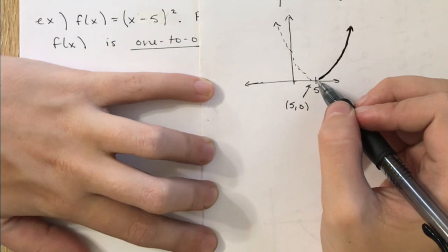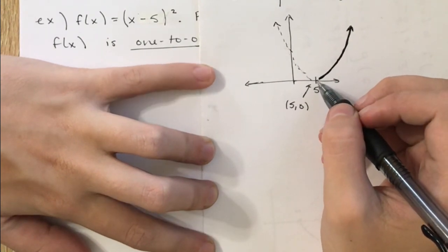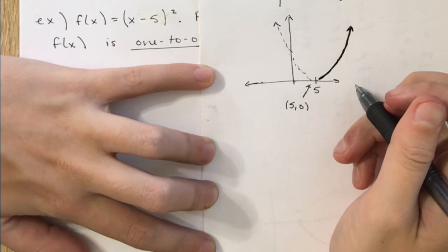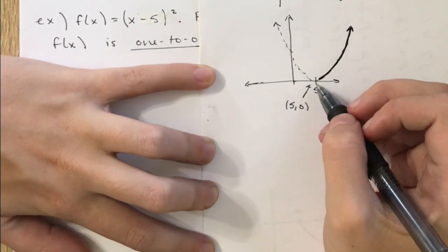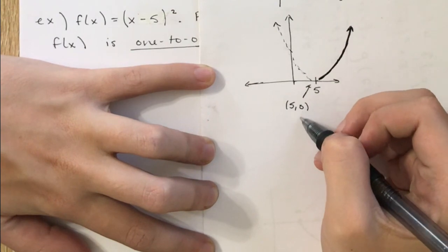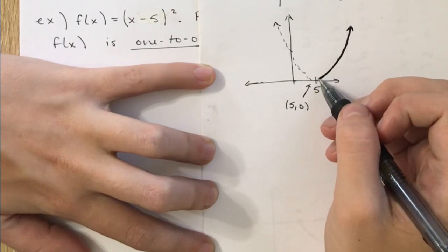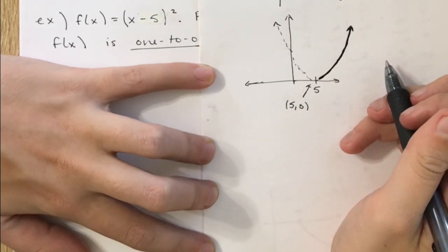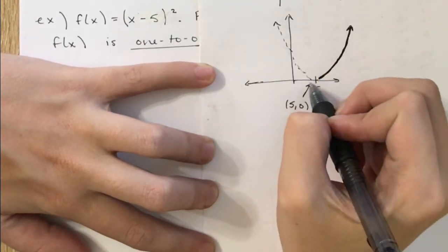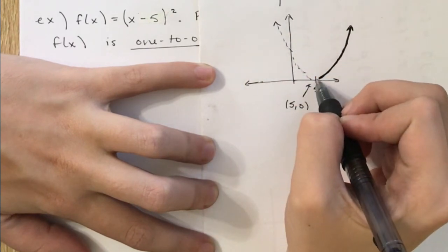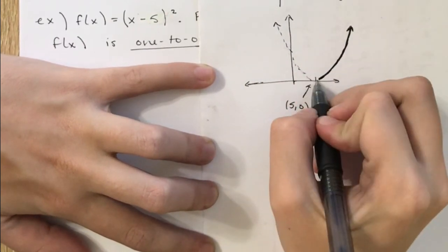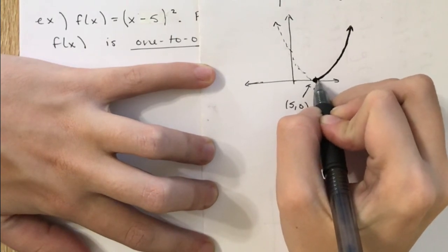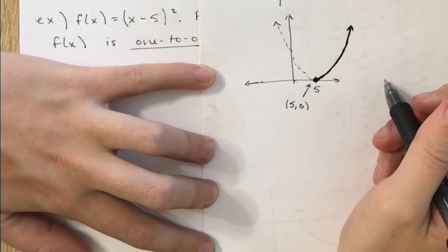However, if we include that point, is it going to make it not 1-to-1? No, there's no other point on the graph that passes through the y value of 0. And remember, it also didn't necessarily say increasing, it just said non-decreasing. So if all of this is the part where we're decreasing all the way up to 0 but not including it, then non-decreasing includes that point as well.